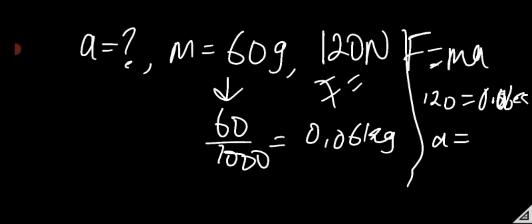So A will now be equal to 120 all over 0.06, right? 120 all over 0.06. From here you can solve with a calculator, but we won't go into that now.